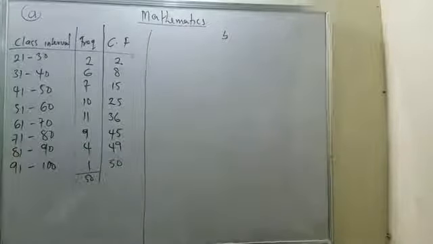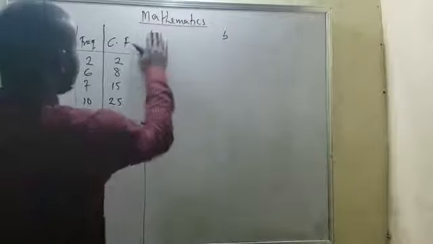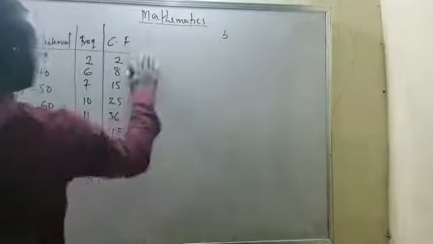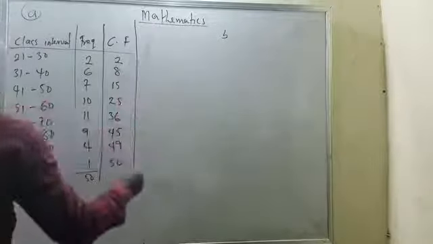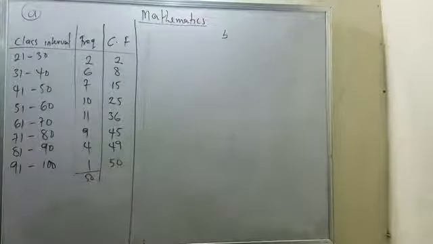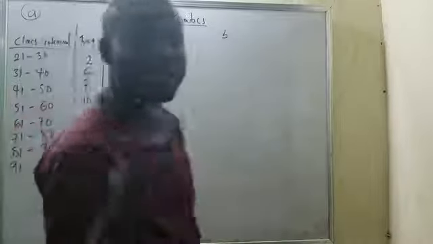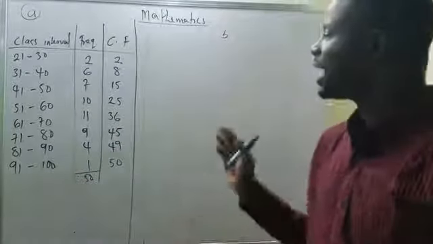Okay, for me to have a good, perfect line, let me have it like this. Now, A has been solved. Let's go to B. I want to plot my graph. I'll plot cumulative frequency against score.